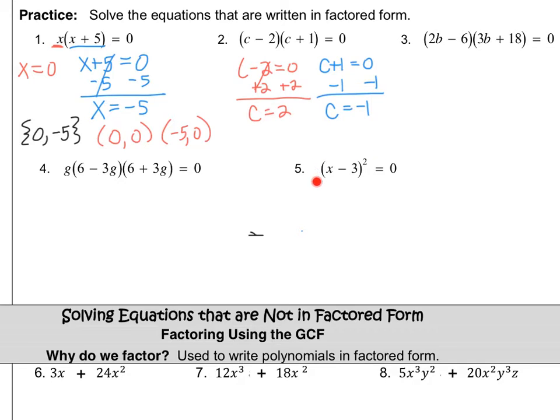And on number 5, before you even start trying to solve this, let's rewrite our base. Instead of a base squared, let's rewrite it as x minus 3 equals 0. So go ahead and solve 3, 4, and 5. Pause your video while you're doing it, and then turn it back on to check your answers.